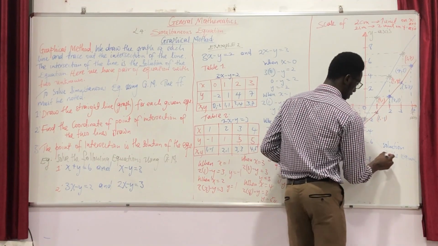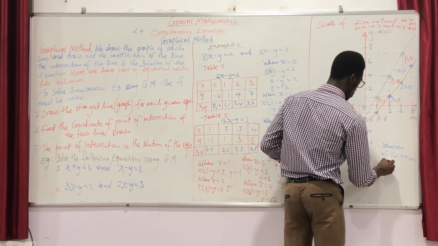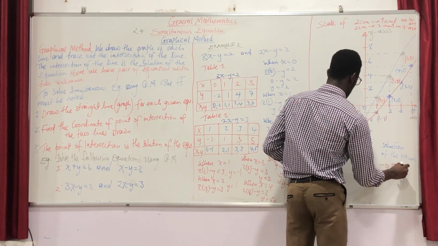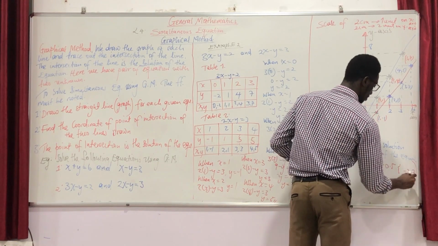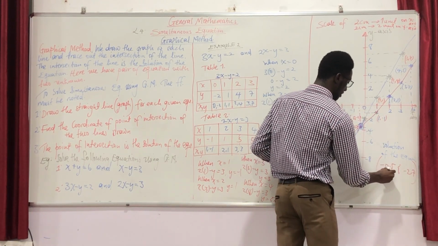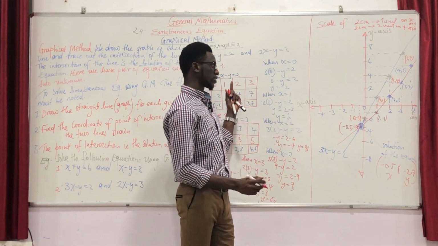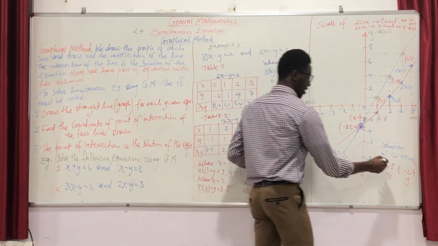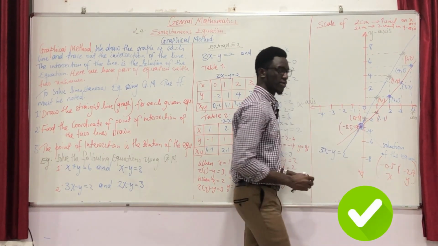Therefore, our answers are minus 0.5 and minus 2.7. So this is our x, and this is our y. Also for the previous equation, our x is this one and our y is this other one.